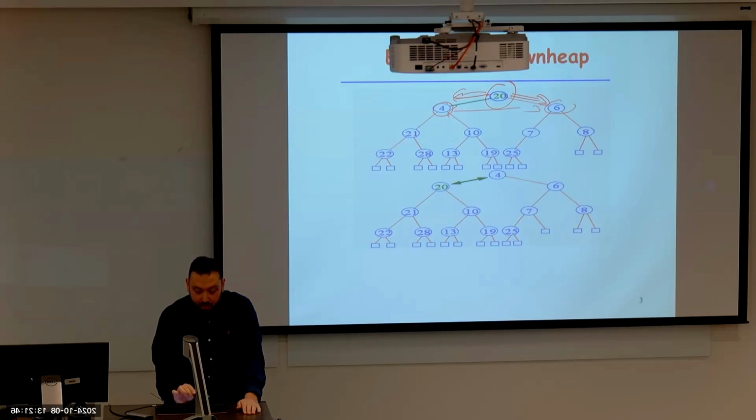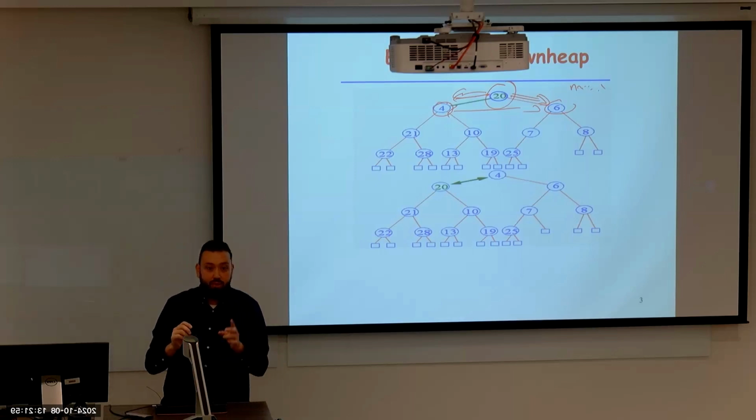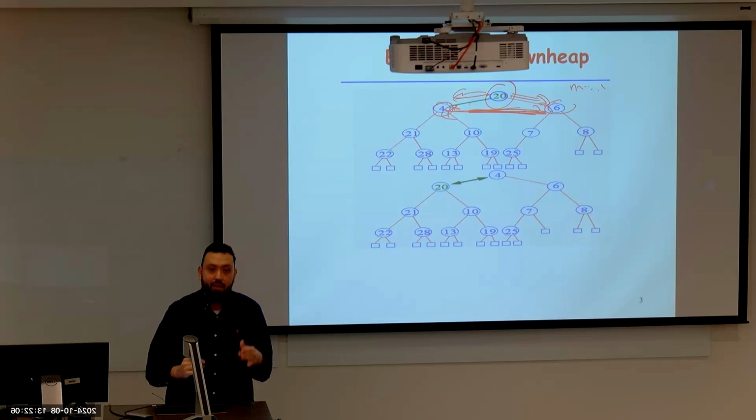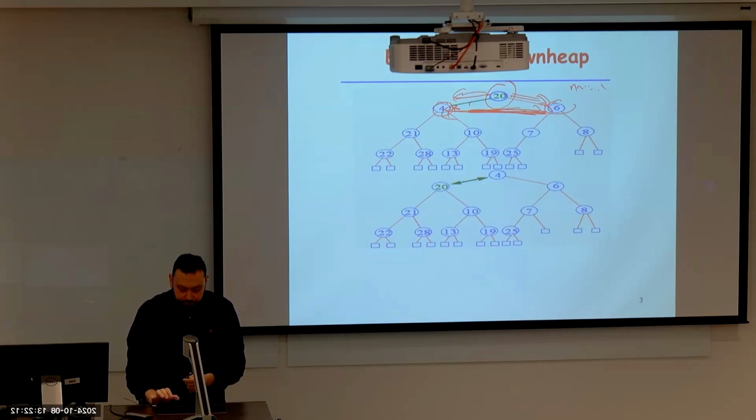So I'm going to say 4 is less than 6. That means my minimum child is on the left, and then I'll compare 20 with this left child. The algorithm written in the slides and in the book is this way. We compare the children first, that's the first comparison, and then we compare this with the parent. But both methods are still two comparisons.